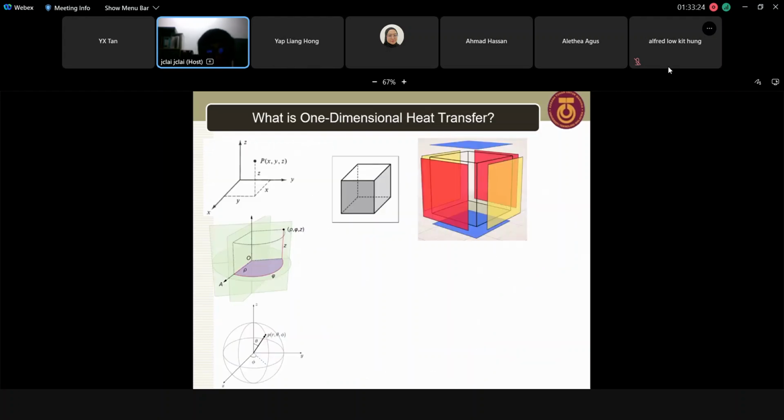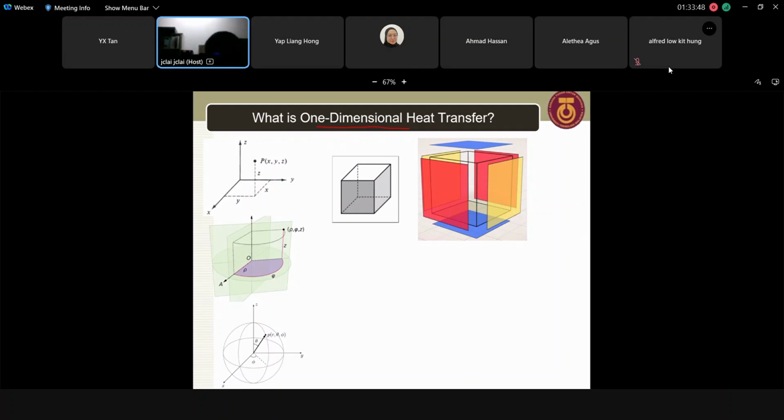When we do derivation, there is one very important assumption which enables us to simplify the whole derivation process. That is, we assume heat is being transferred in one dimension only.